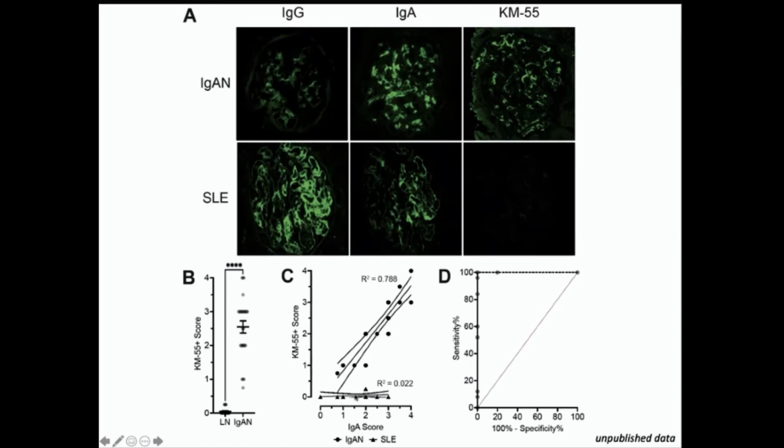Okay. And then when we study the correlation of KM55 with IgA nephropathy, we have really nice correlation with IgA nephropathy, but no correlation with lupus nephritis as we predicted. And then it can distinguish very well between IgA nephropathy and lupus nephritis, classic, okay?